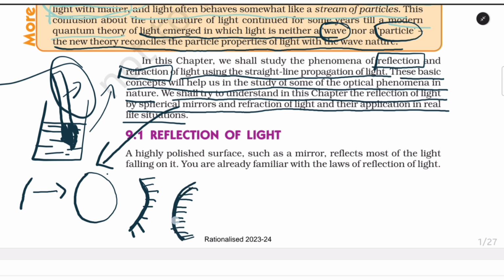This is the rough surface, this is the smooth surface. When light or any object falls on this, it will reflect back. These are concave mirrors and convex mirrors.